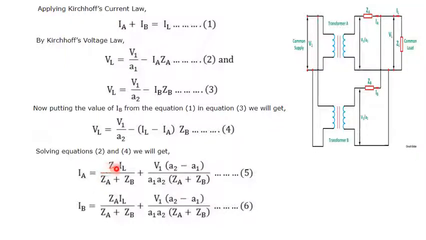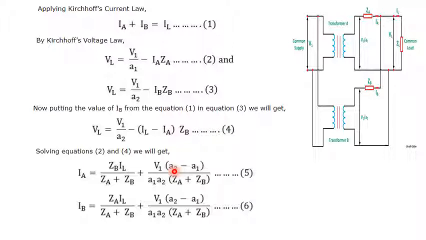So this ZB IL divided by ZA plus ZB, and ZA IL divided by ZA plus ZB, is the load sharing. The other component is the circulating current, the circulating current at the secondary of transformers which are connected in parallel.